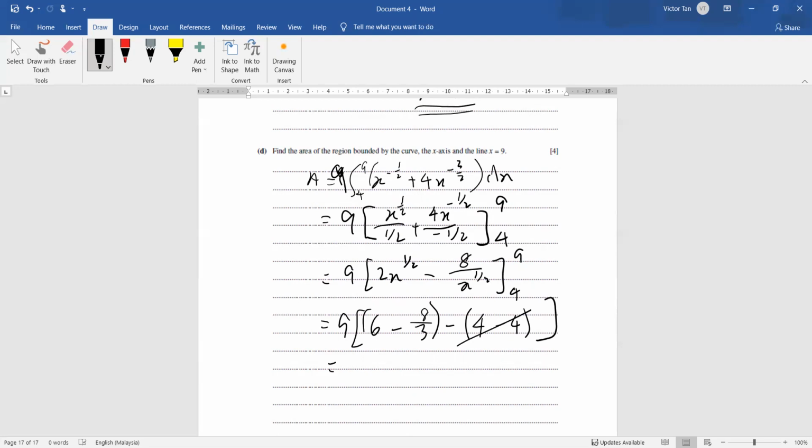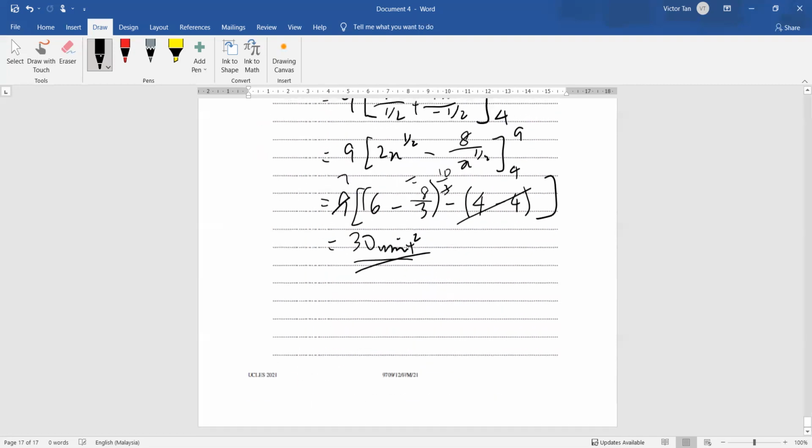So this is equal to 6 times 3, this is 10 over 3 times 9, get 30 units. That is your answer.